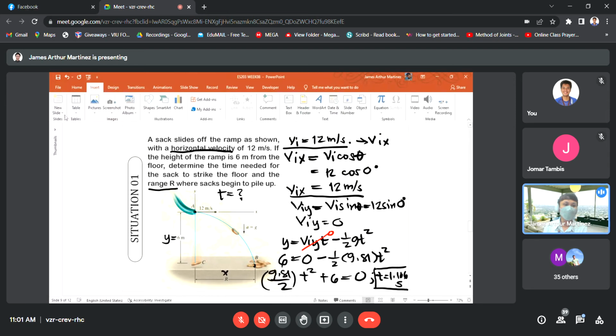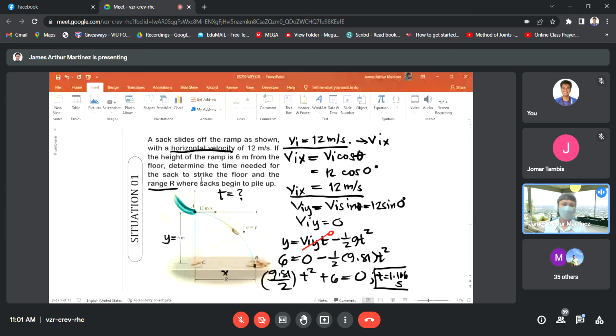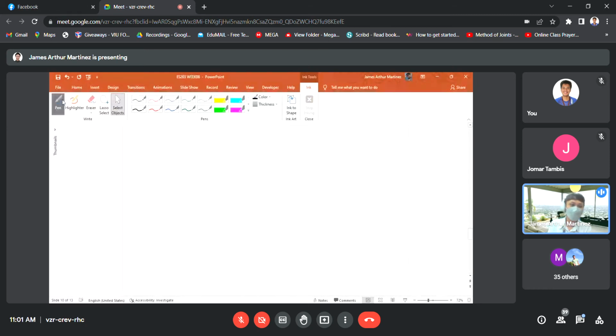But we are not done yet with our problem 1, since we have another concern, which is x, or the range of your projectile motion. To find the range, we have the equation for the x component of your projectile motion, where x is equal to Vi cosine theta times t.